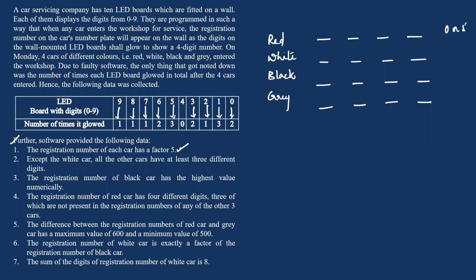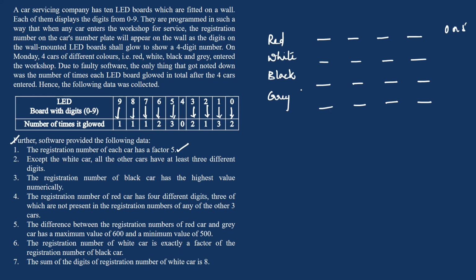Okay. Now, except the white car, all the other cars have at least 3 different digits. Perfect. The registration number of black car has the highest value numerically. So this cannot be 1 or 0 or 2 or 3. Right?